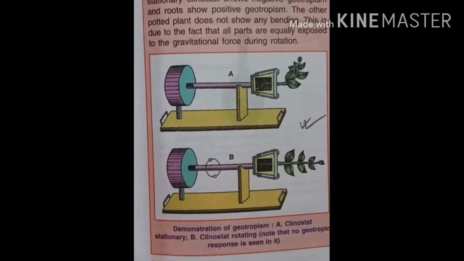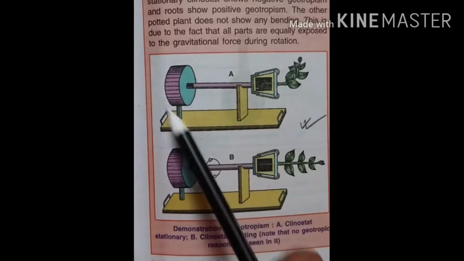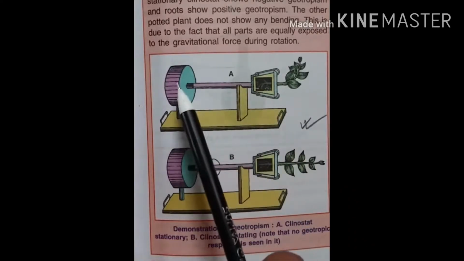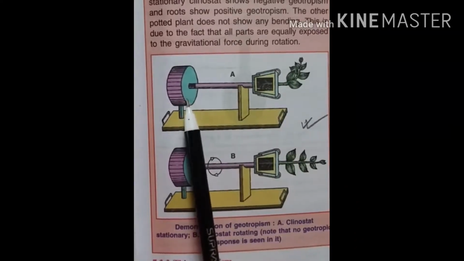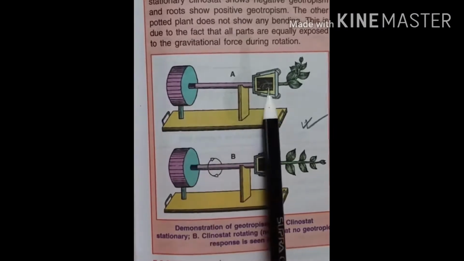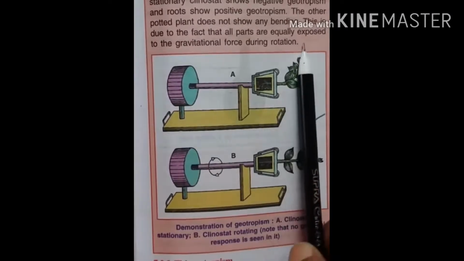The instrument you can see, that is clinostat, where we can rotate a plant with a rotator. Here we are not switching on the clinostat instrument, then the plants will grow up.